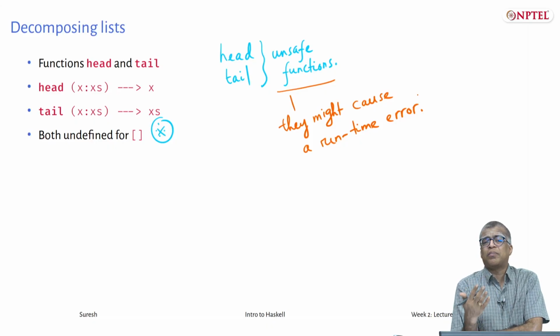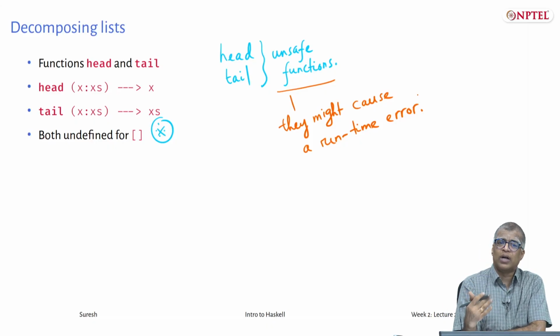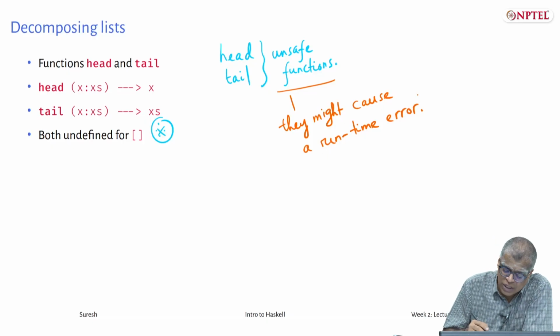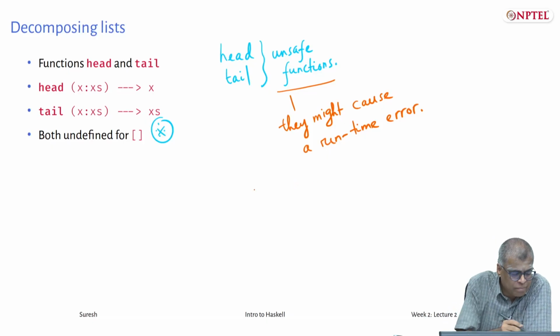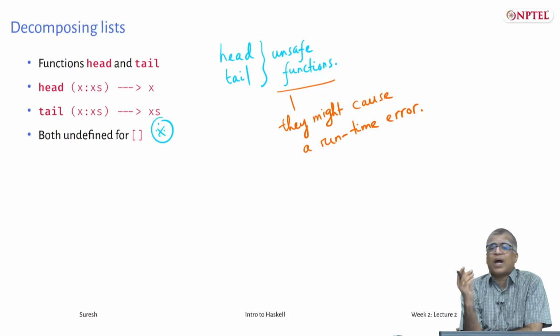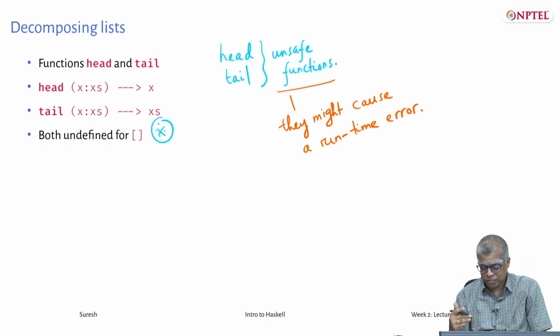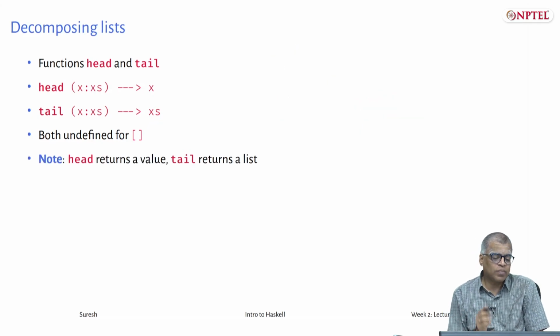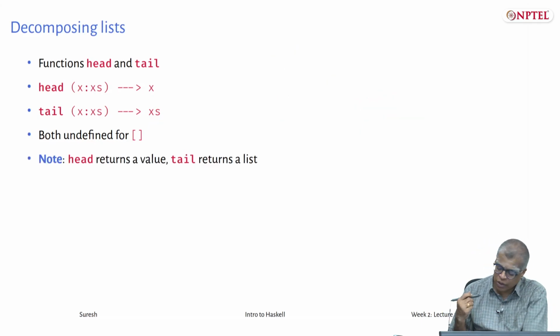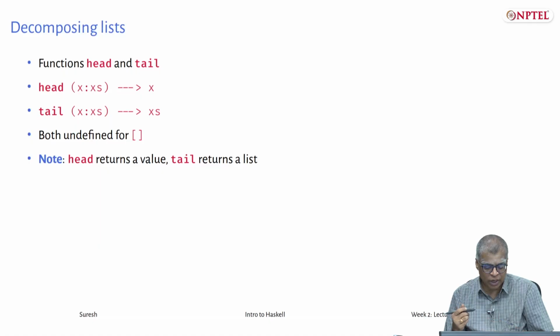You will face some bad behavior only when you actually try to run it. It is always better to catch errors at compile time, because you are catching them while you are programming rather than while you are executing a program. Okay. So note that head returns a value, tail returns a list. That's important.